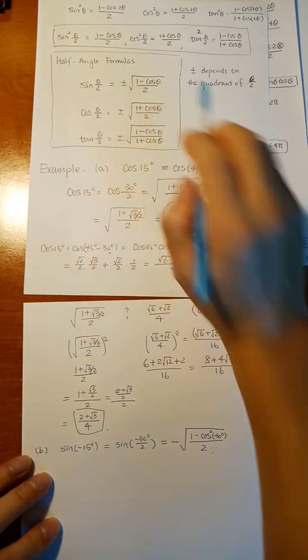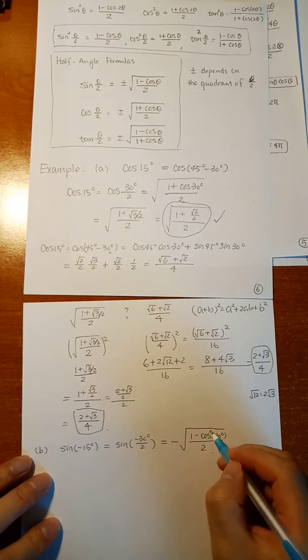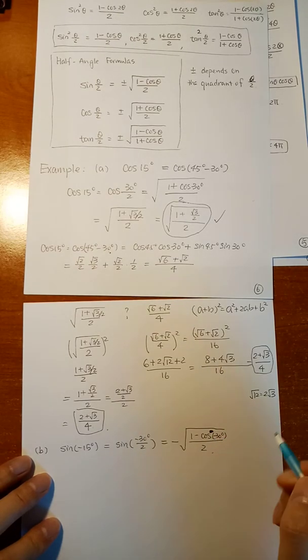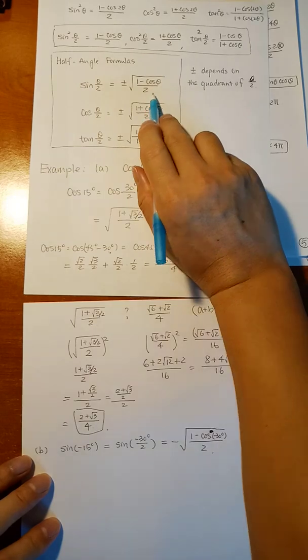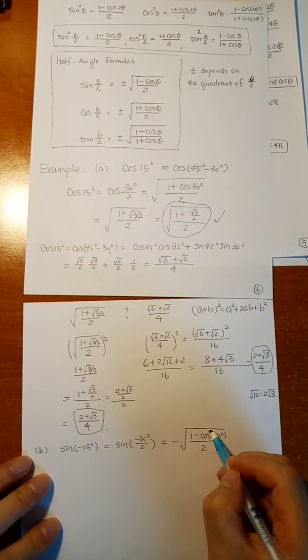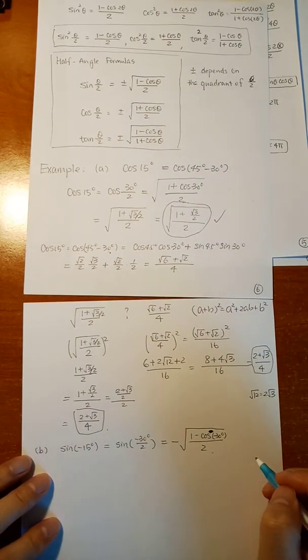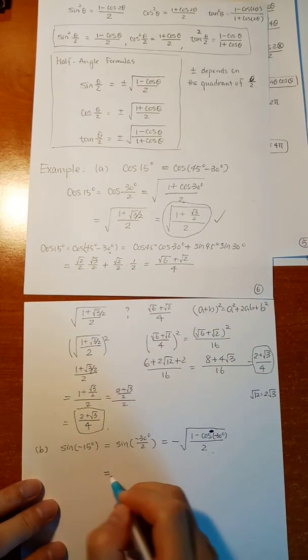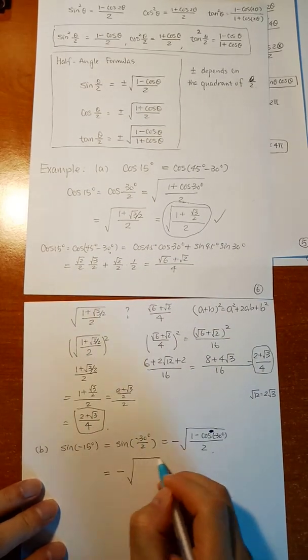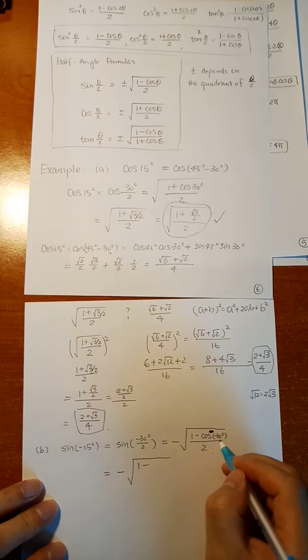1 minus... how do I get squared? It's so silly. It's 1 minus cosine theta over 2. No square, no square, no square. All right? Okay, so negative square root of 1 minus cosine of negative 30.